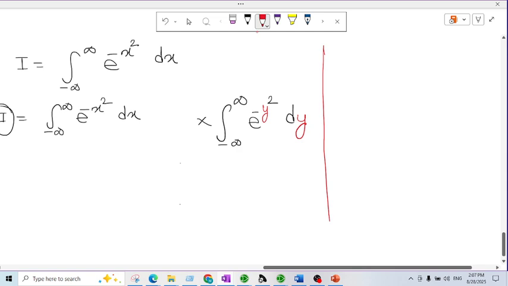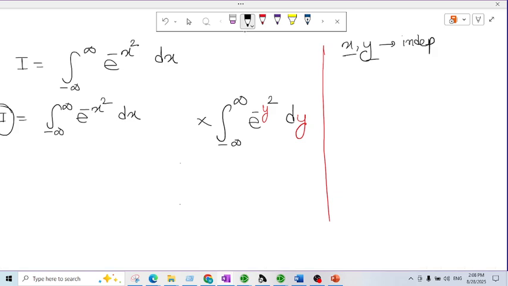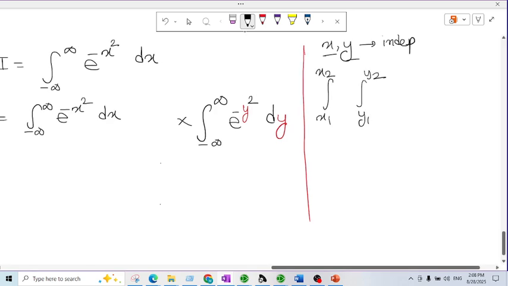If you observe here, you have two variables, x and y, and they are two independent variables and they don't have any dependency. So this is the range of x, and this is the range of y. We have two functions here, f of x and g of y, then dx dy.